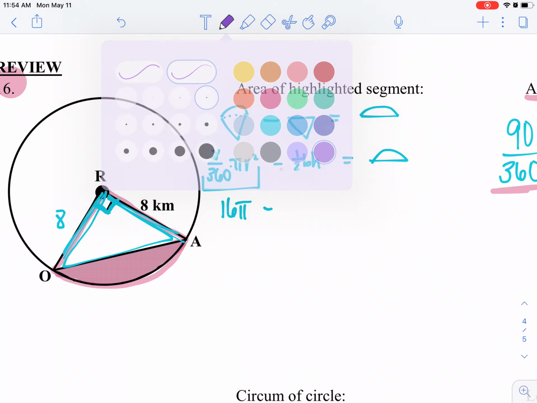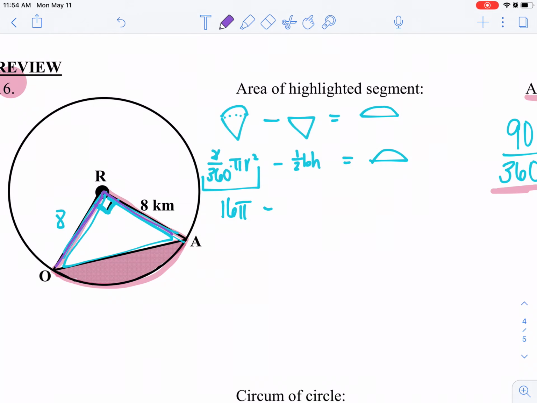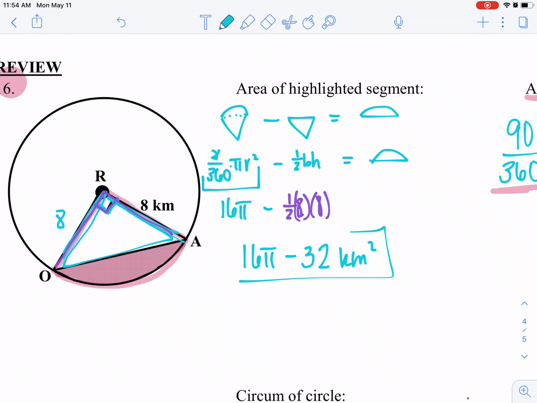So in this case, the base and the height of the triangle are the 2 radii. So it's going to be 1/2 times 8 times 8, which gets us 32. And so put that all together, the area of the segment is 16 pi minus 32 square kilometers.